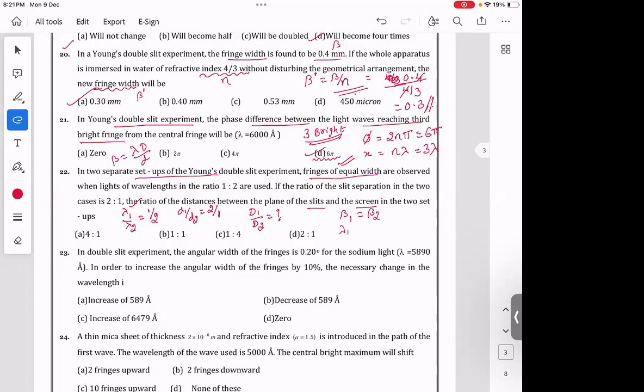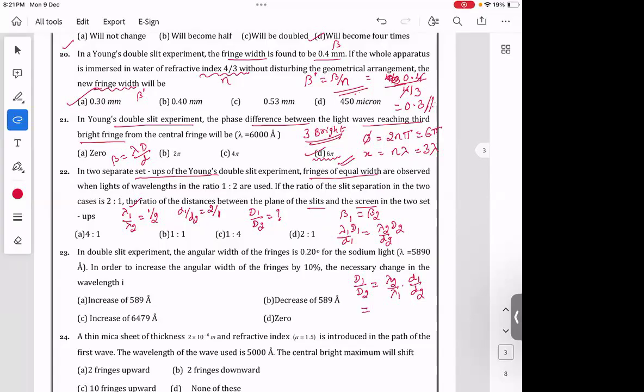So it will be lambda 1 by d1 equals lambda 2 by d2. For the capital D, let it be D1 and D2. So what is D1 by D2 from this equation? Lambda 2 by lambda 1 into d1 by d2 on cross multiplication.